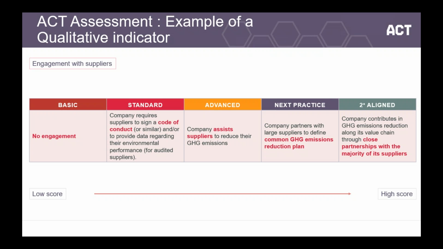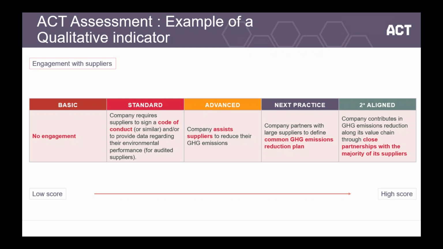We have 5 levels from basic to what we call 2-degree aligned, and we have a basic description of what is expected to find at a company level to confirm the level of the company in terms of engagement with suppliers.